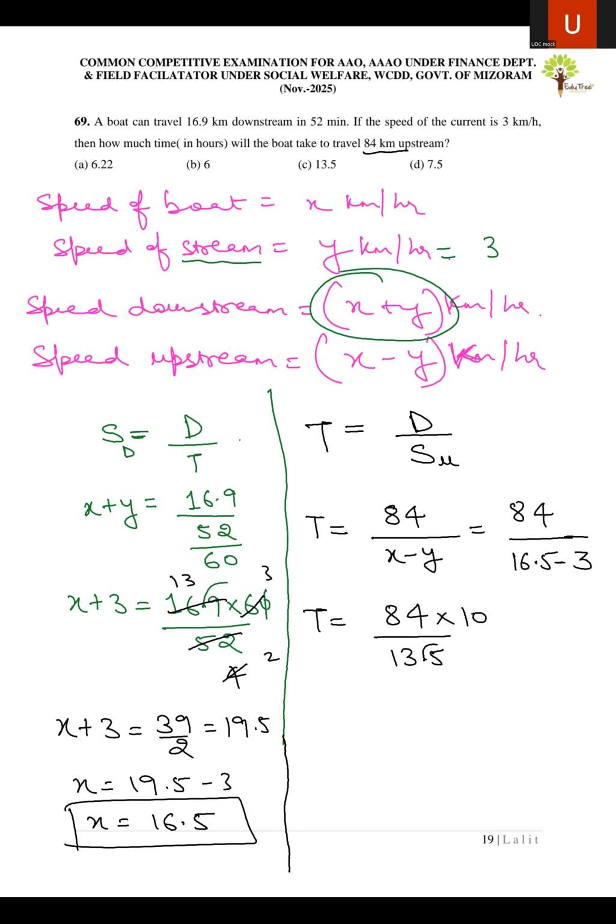Both of these are divisible by 5. So time equals 56 by 9.